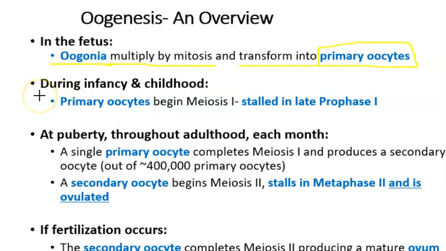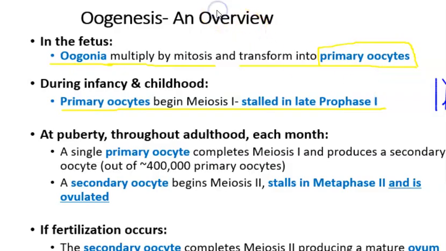During infancy and childhood, these primary oocytes begin meiosis 1, but they stop right away in late prophase 1. Now you might remember that it's prophase 1 where the homologous chromosomes line up and cross over.